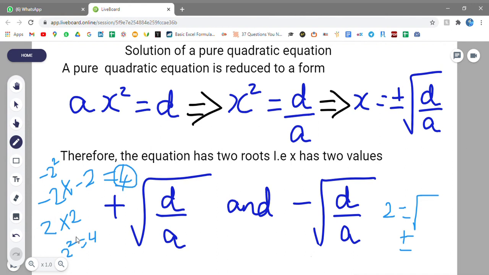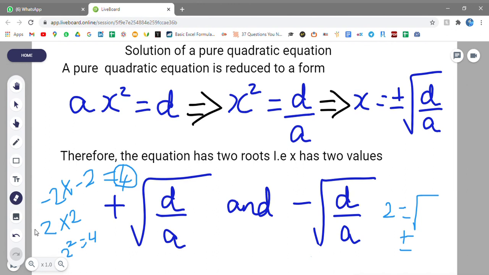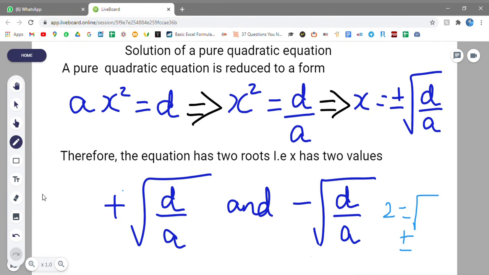So whenever you have a square root, you can have either a plus or a minus value.